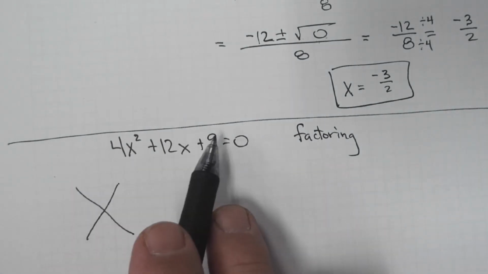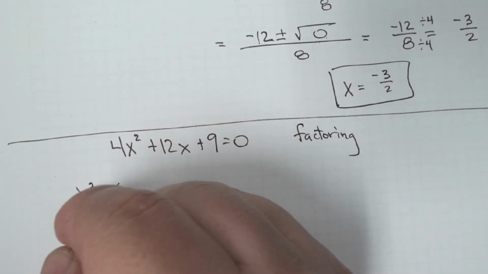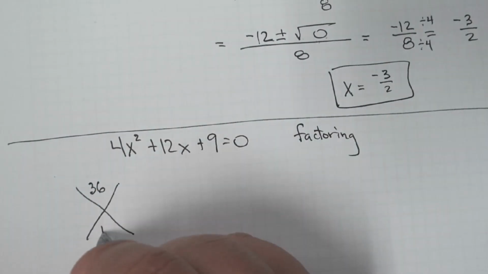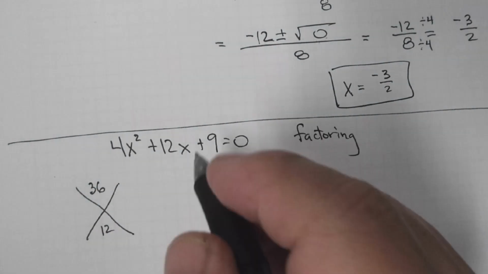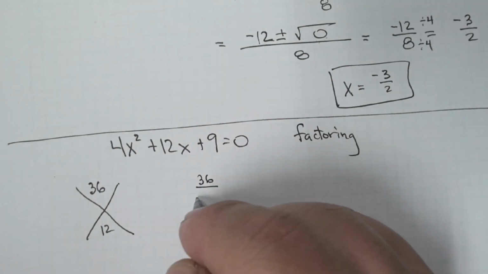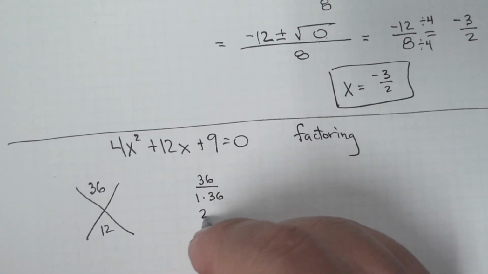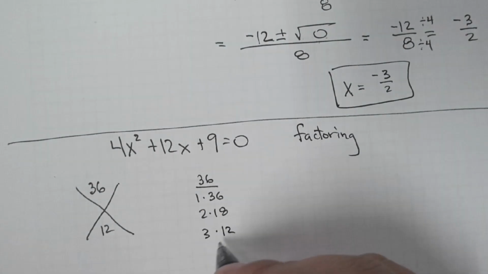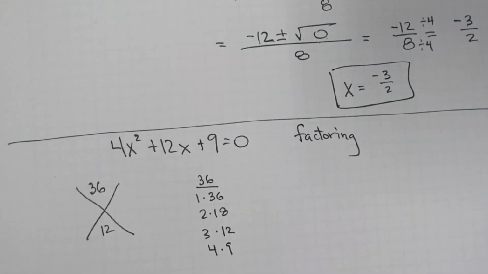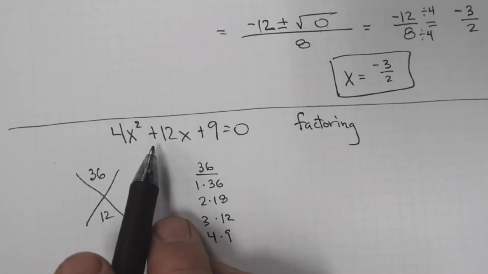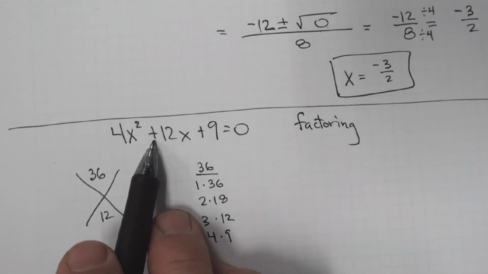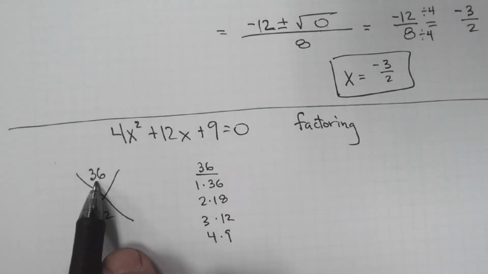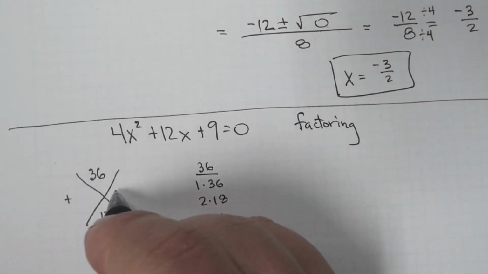We multiply the front and the back. 4 times 9 is 36. The middle goes to the bottom. I look at 36 and I look at my values: 1 and 36, 2 and 18, 3 and 12, 4 and 9. I know that my sign in the middle is a positive, and I know I need to get a positive 36, so it's going to be plus and plus.